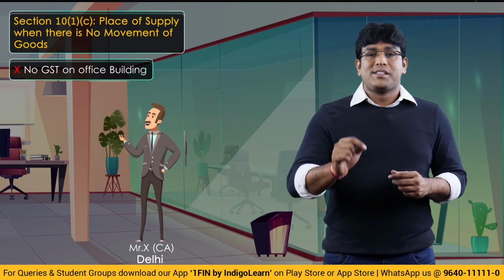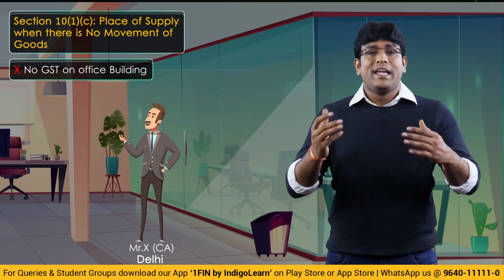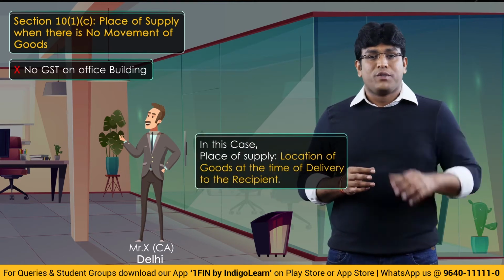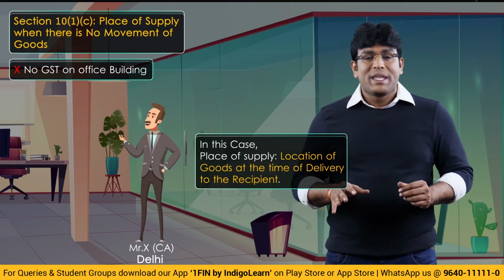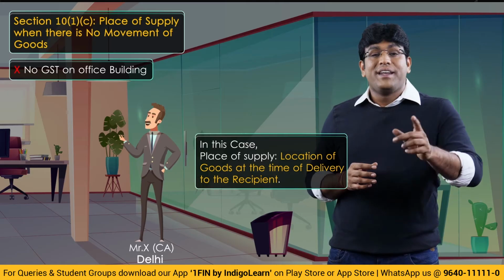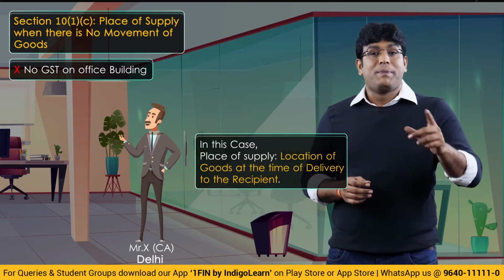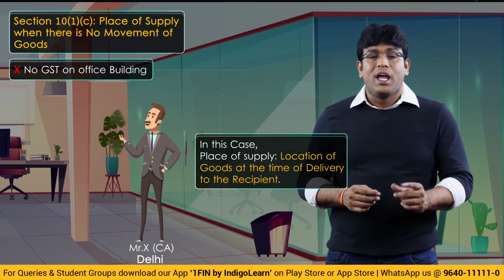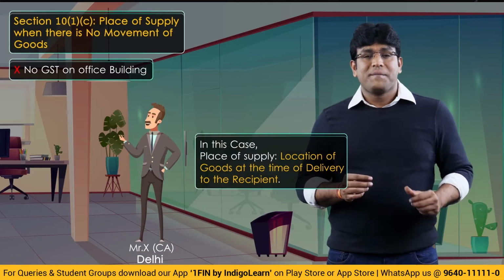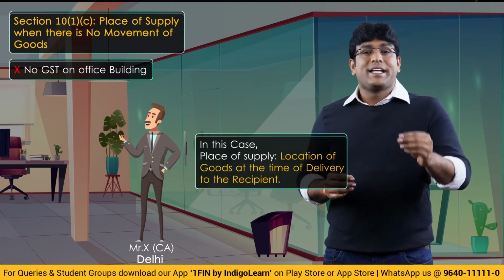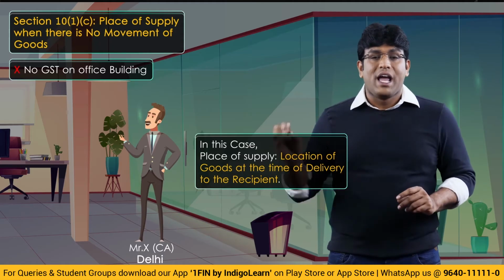10(1)(c) will come into picture to determine place of supply in case where there is no movement of goods. Section 10(1)(c) specifies that in case where there is no movement of goods, place of supply will be location of goods at the time of delivery to the recipient. I repeat one more time. Place of supply will be location of goods at the time of delivery to the recipient. That means what? In our example, X purchased office space along with furniture, and that is where?